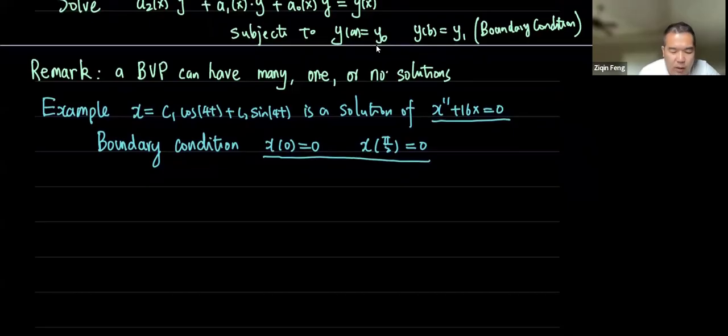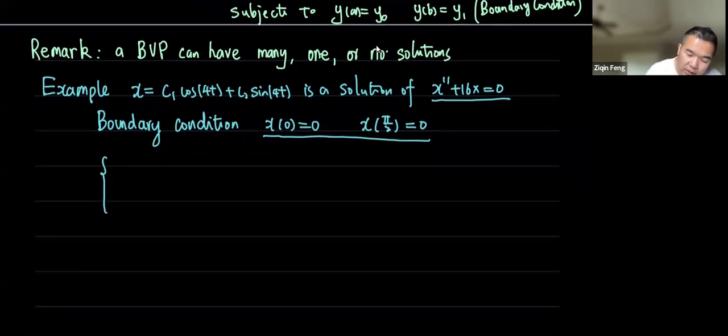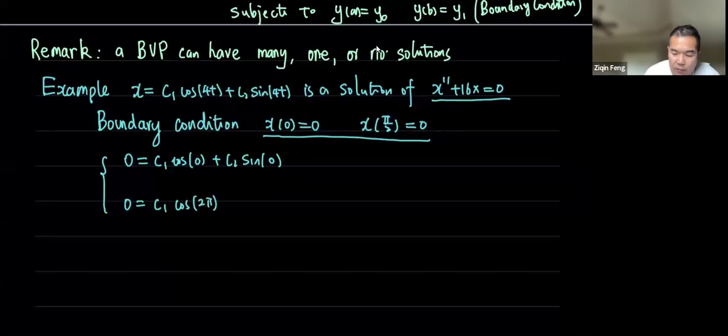So what we can do is plug the boundary condition into our solution, right? You get two equations. So 0 equal to C1 cosine of 0 plus C2 sine of 0, 4 times 0 is 0, right? And 0 also equal to C1 cosine of 2 pi, pi over 2 times 4 is 2 pi, plus C2 sine of 2 pi, right?